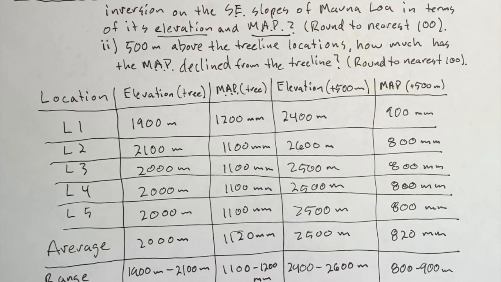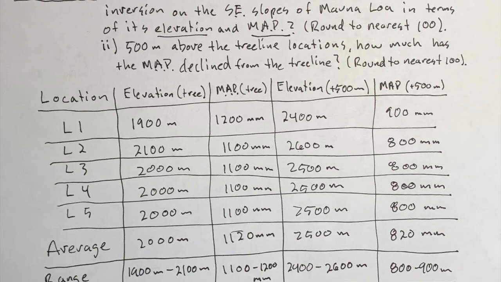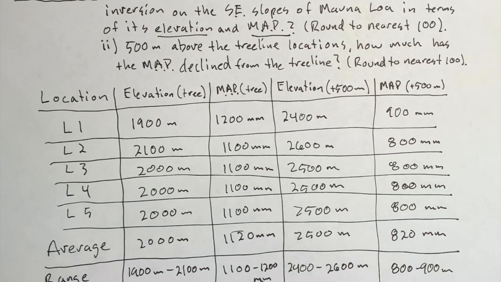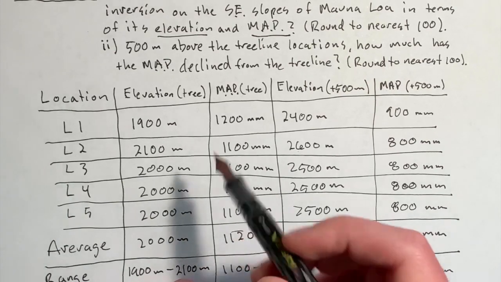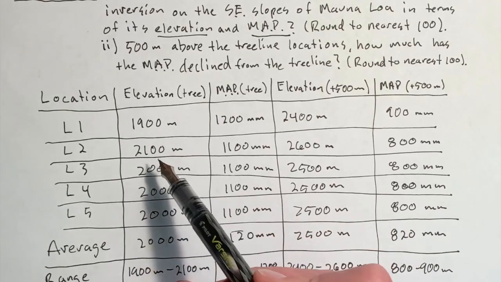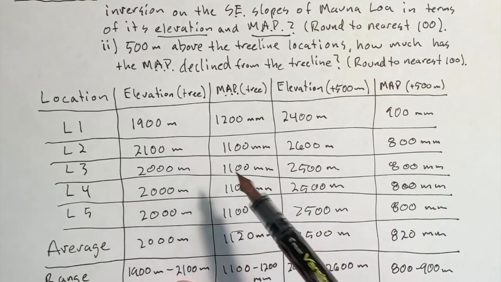Our mean annual precipitation at the tree line is 1,100 millimeters. 500 meters above the tree line, our average is 2,500 meters. And our mean annual precipitation is 800 millimeters. Our range goes between 1,900 meters and 2,100 meters. That's our lowest tree line elevation to our highest tree line elevation.